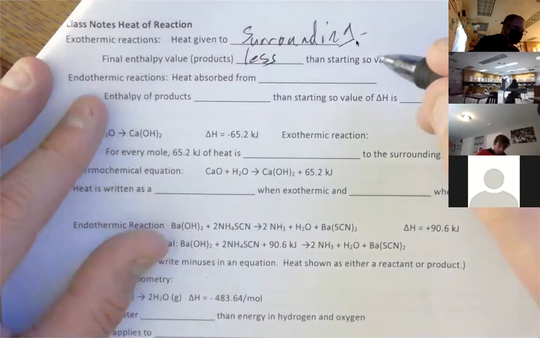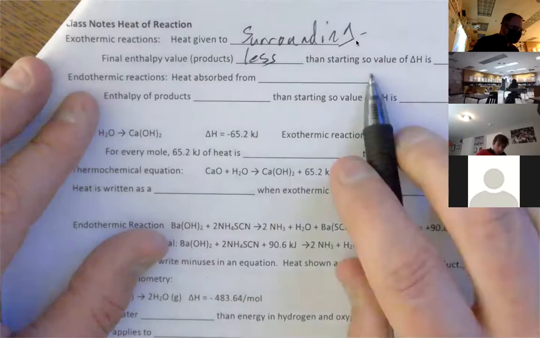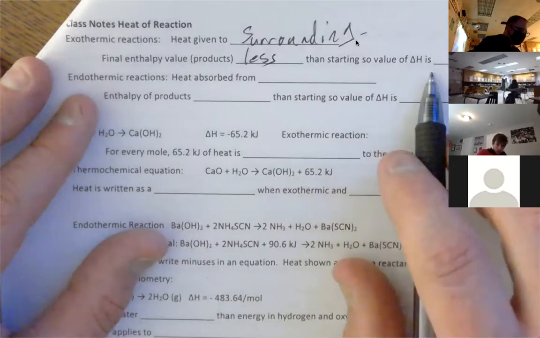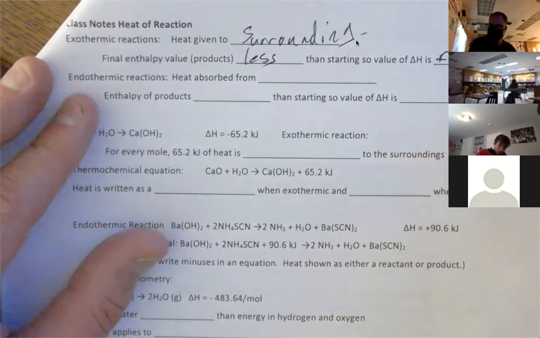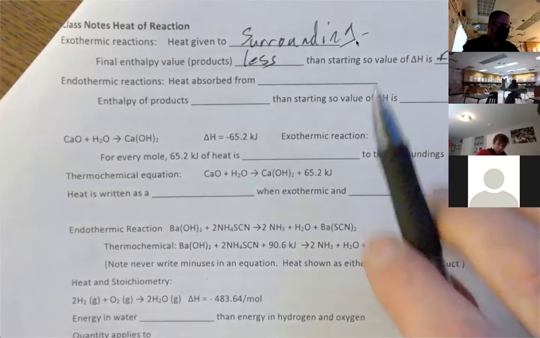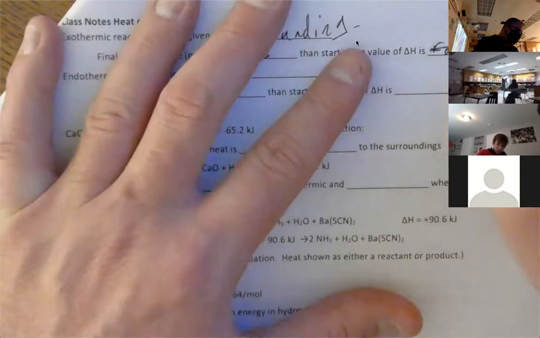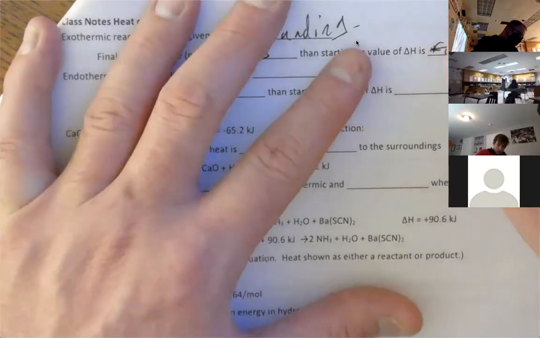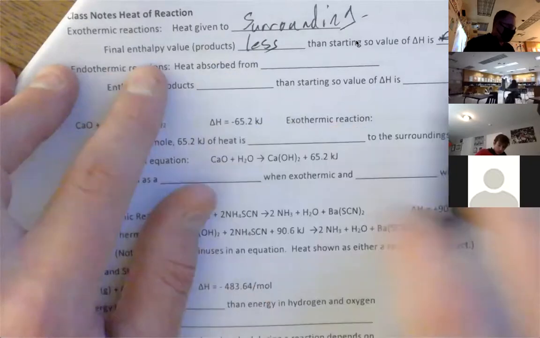So the starting value of delta H is negative. I think that's what it's trying to say. Negative, because the products have less energy than the reactants do.